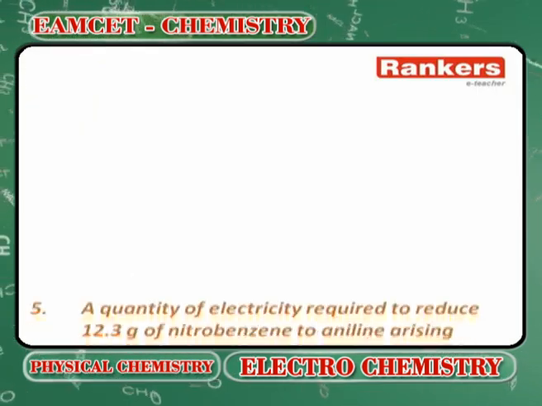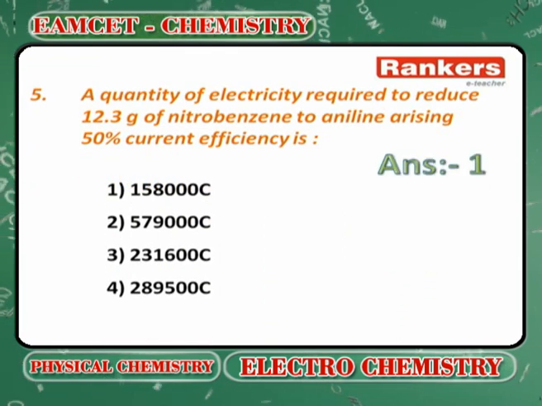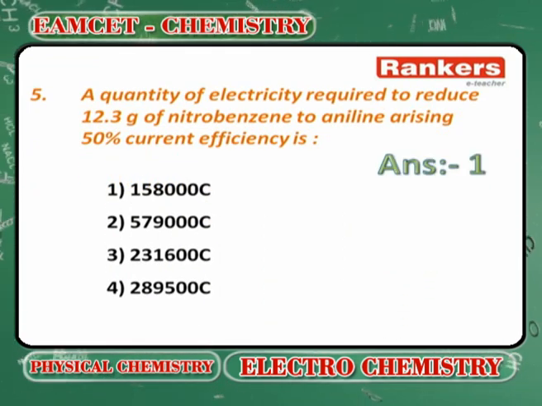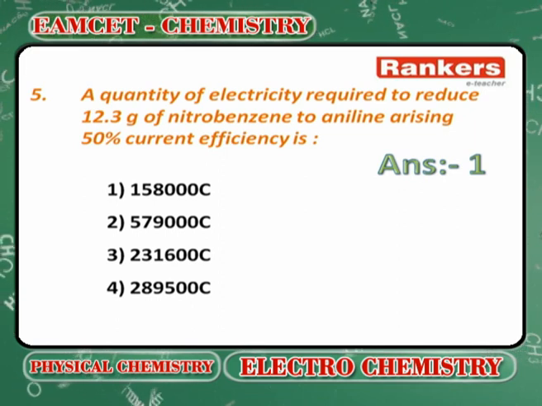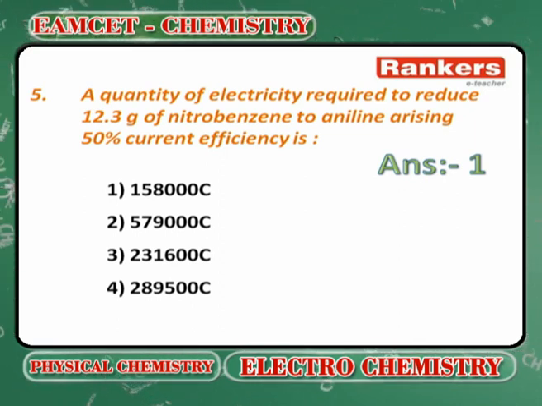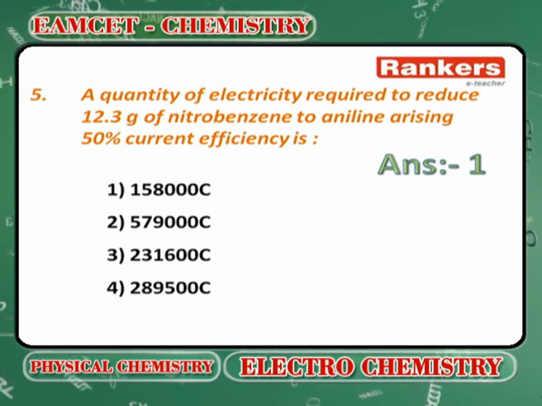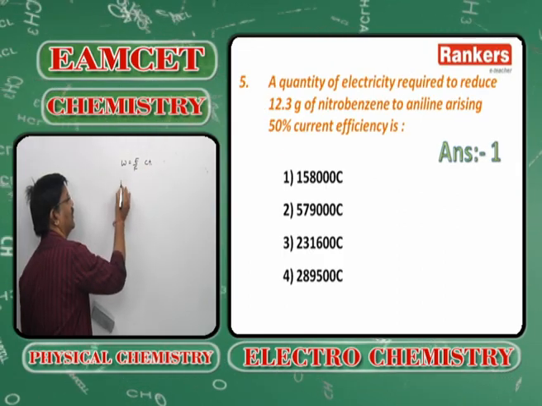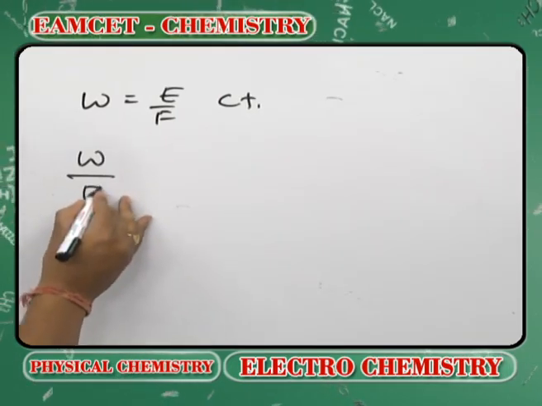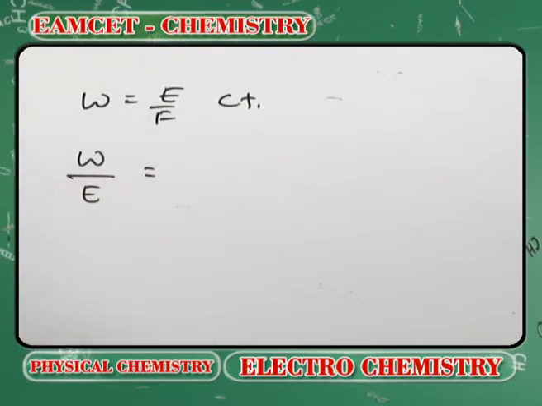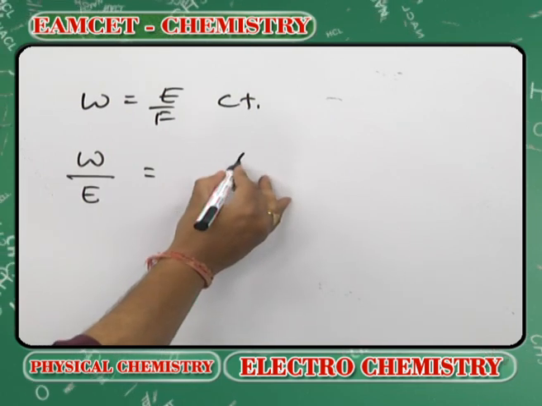Next, the usual first law of Faraday: W is equal to E by F Ct, or we can simply write it as W by E is equal to Q by F.